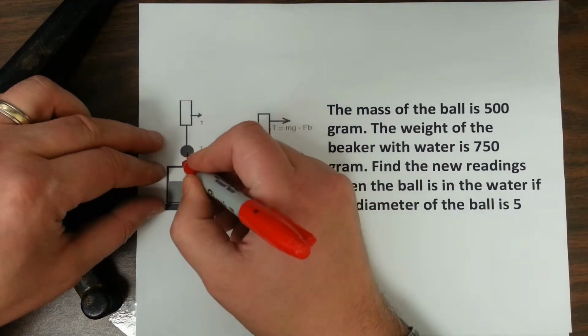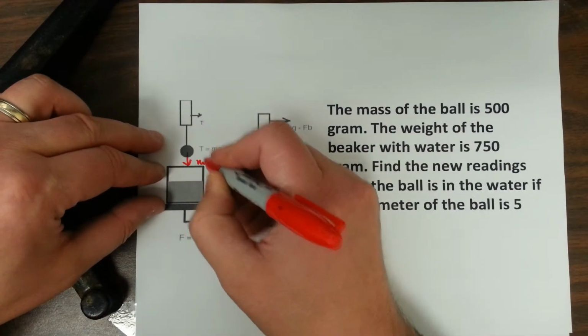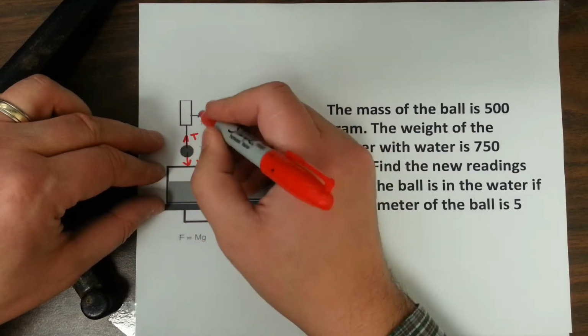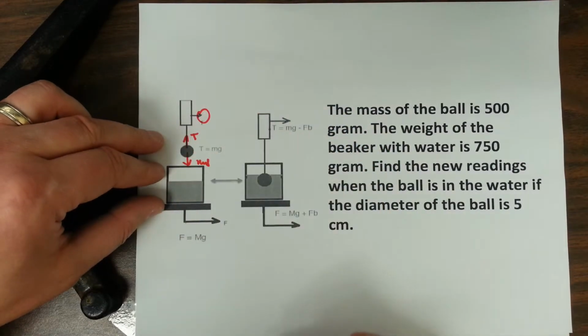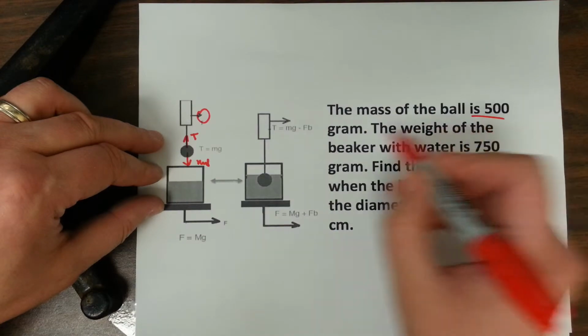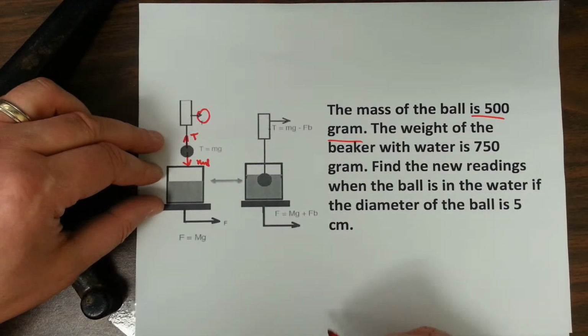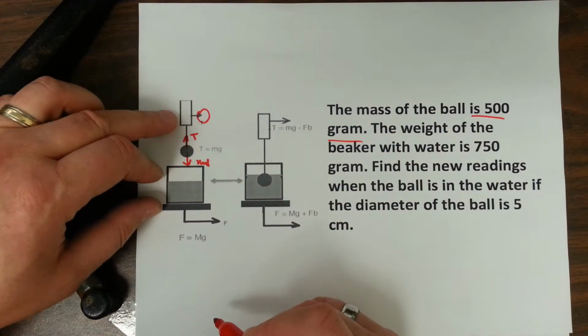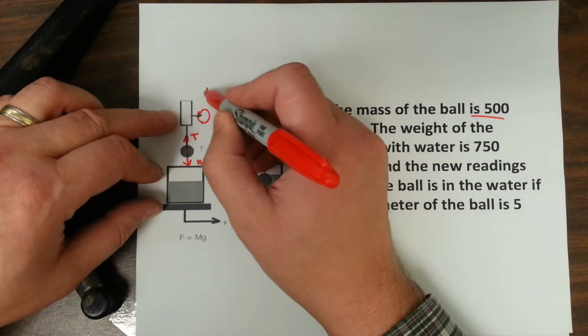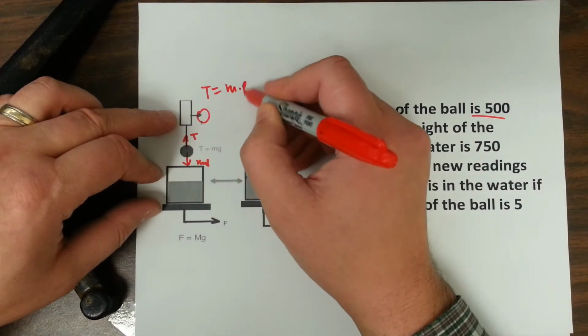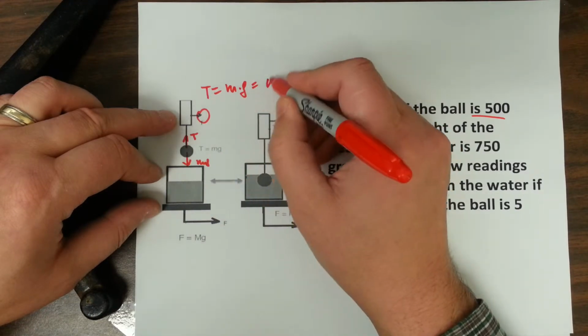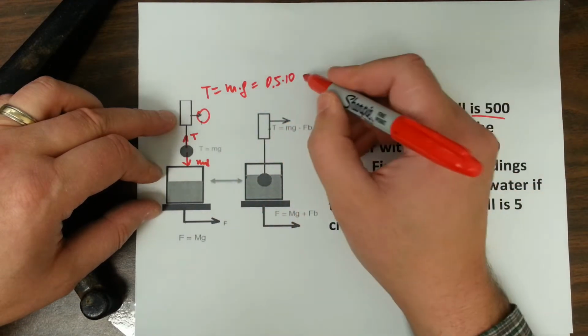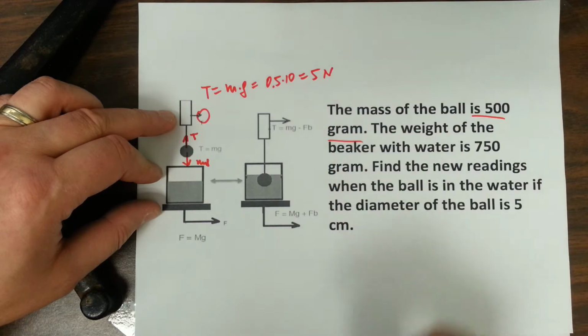So that's how we weigh things. This is mg, this is tension, and we read this number here. So if the mass of the ball is 500 grams, which is a half of a kilogram, to calculate this reading, all we have to do is just multiply a half of a kilogram times about 10, 5 newtons.